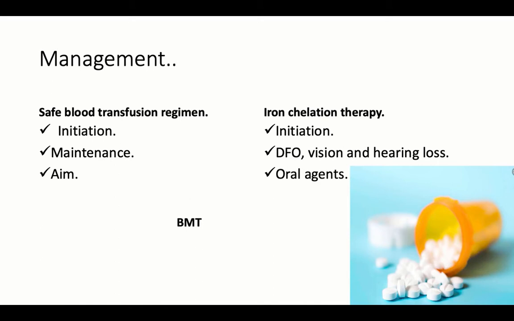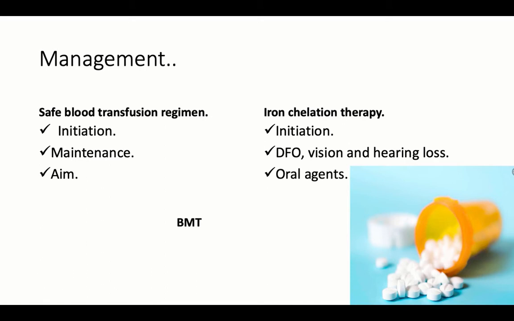As management, these patients are chronic patients and should undergo a blood transfusion regimen to keep the hemoglobin level at about 10 gram per dL. The level changes from one center to another.